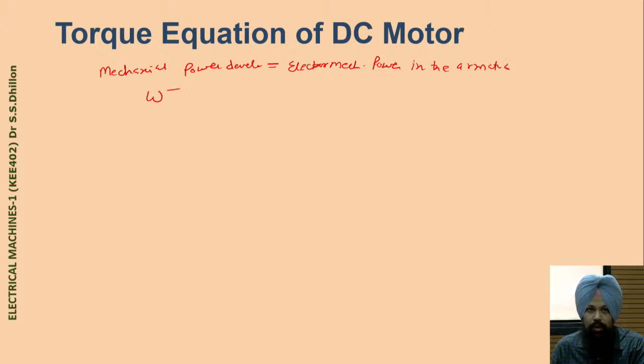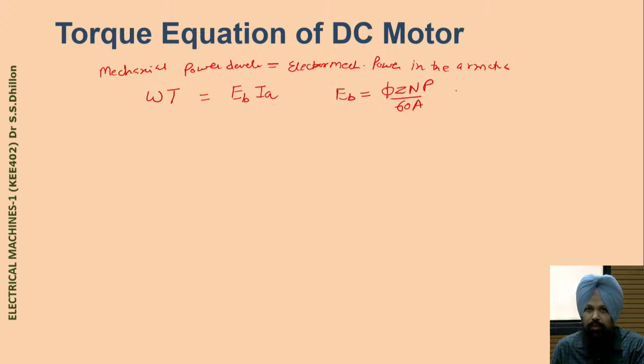This is omega into T, and this is equal to the electric power, that is Eb into Ia, where Eb is what? Eb is only induced when there is a rotation of the armature, and it is equivalent to phi Z N P upon 60A, like this.